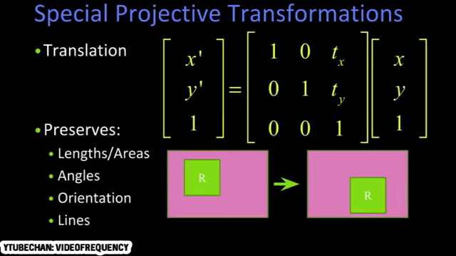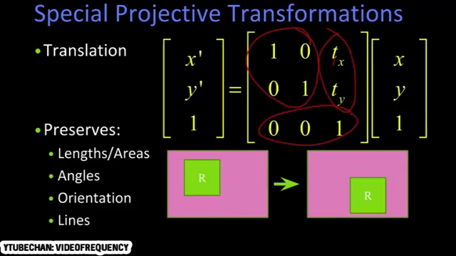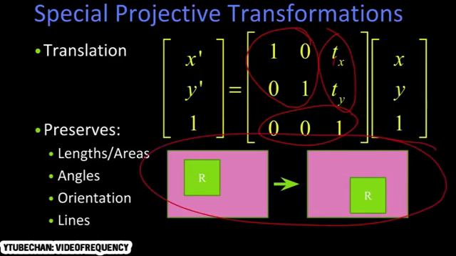So let's go back to translation. Translation in this framework is just the identity matrix up here, the translation there, and the 0, 0, 1 there, and we go from x, y, 1 to x prime, y prime, 1. We didn't have to do any division because we maintained that 1. That's drawn in this little picture where we take this square and translate it around. Nothing changes in orientation or size.